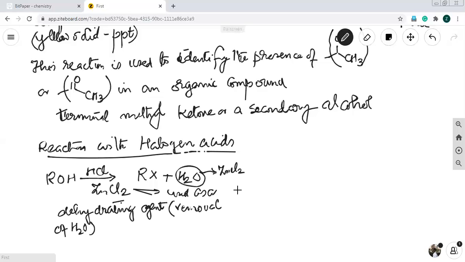Now the rate of reaction is different for different compounds.